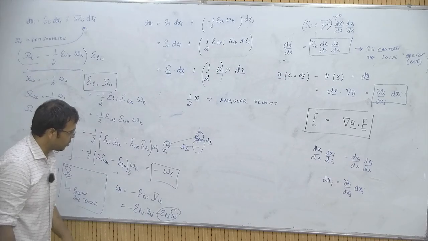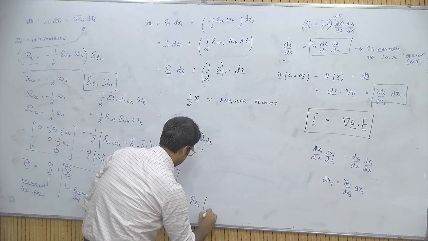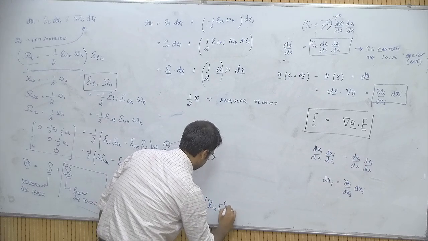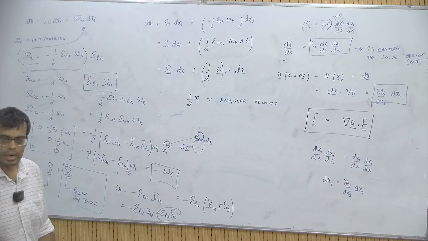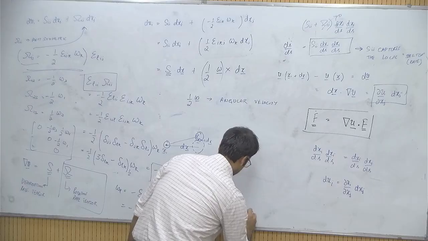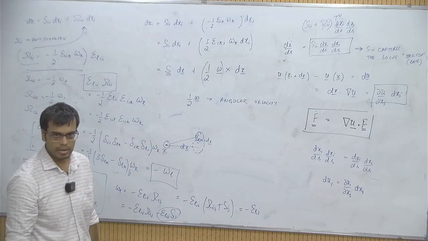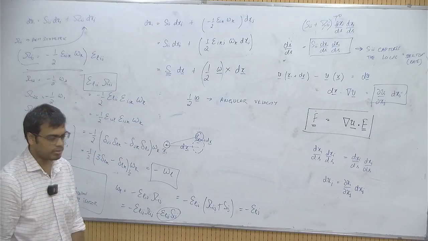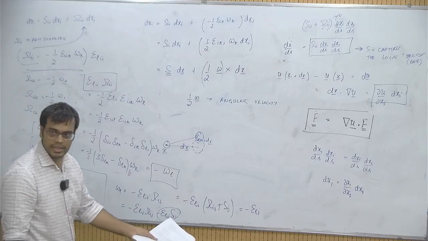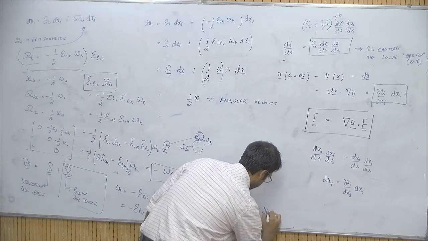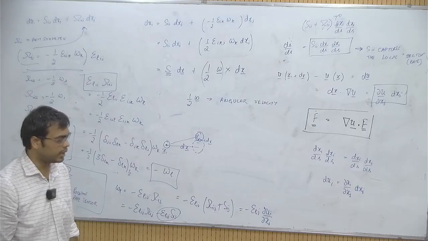So I can write omega L to be minus epsilon Lij omega Ij plus Sij, which was what? In i and j index notation, it was del ui by del xj.